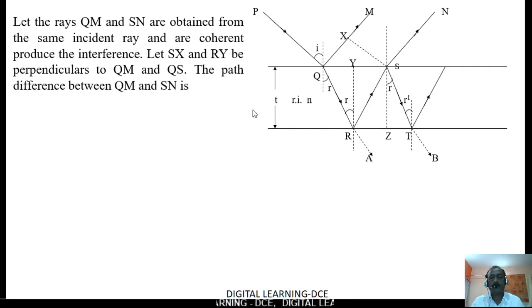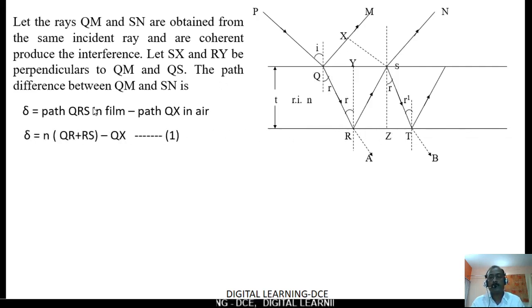Hence the path difference between QM and SN is equal to the path QRS inside the film minus the path QX in air.